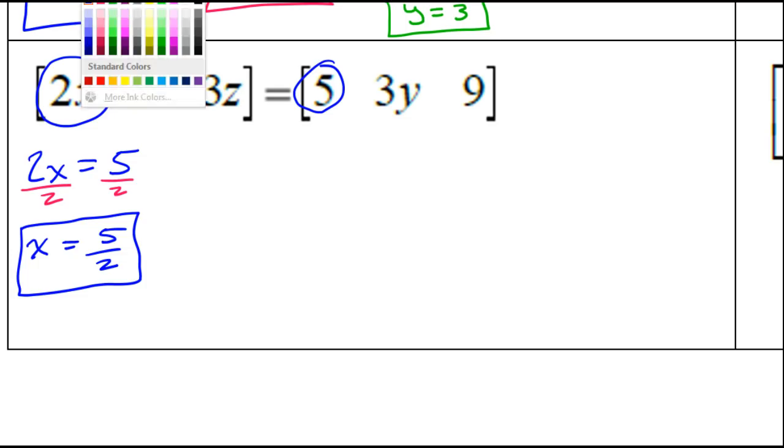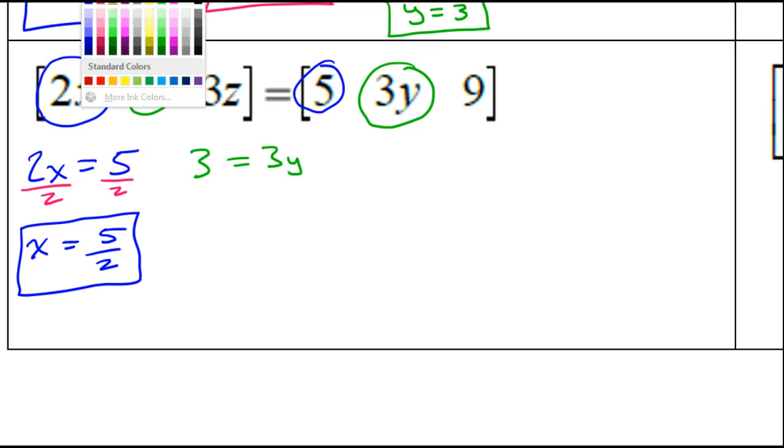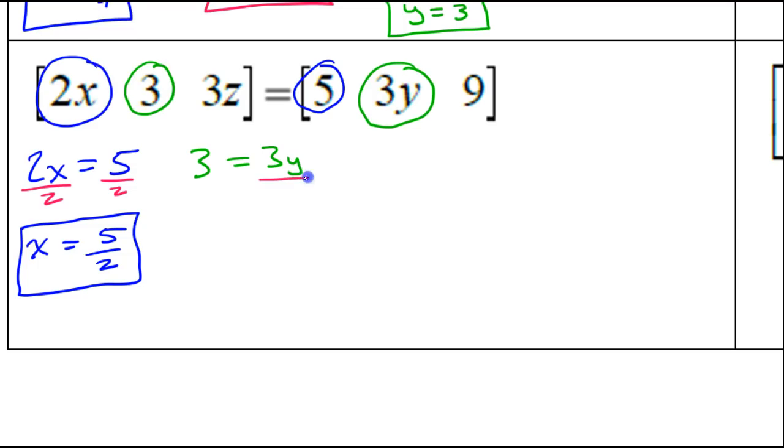Okay, if I want to find y, I can set these equal to each other. So that's going to give me 3 is equal to 3y. If I divide both sides by 3, I get y is equal to 1.